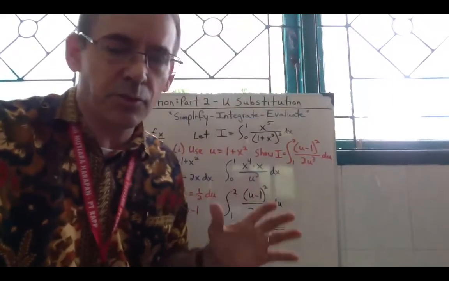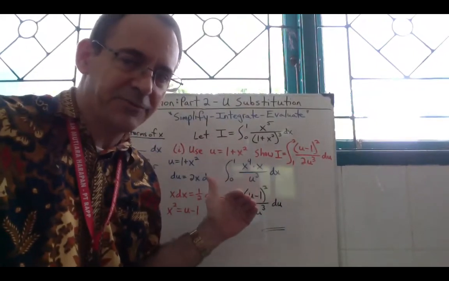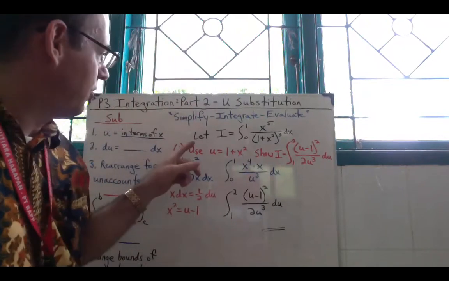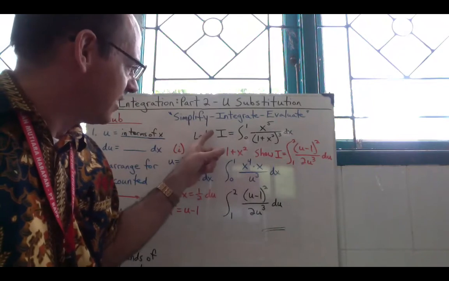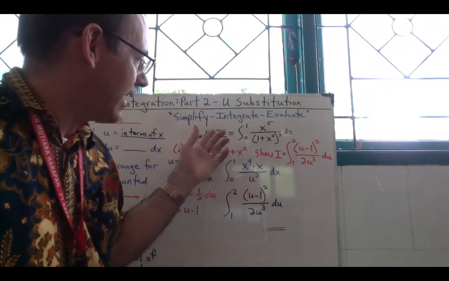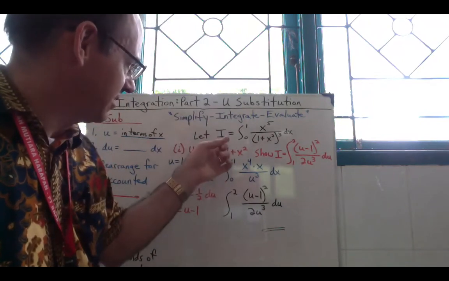So let's go back to the board. And this is what basically you want to do. First of all, the problem identified us to use substitution. So here's the original equation. I assume it stands for this integration.